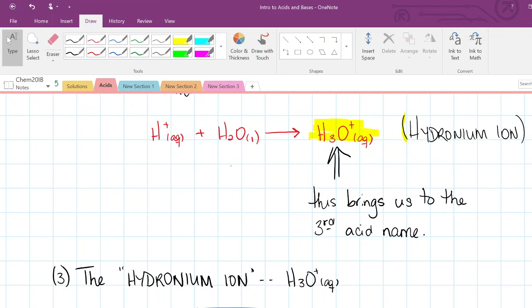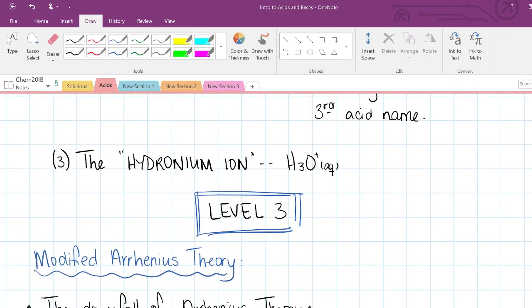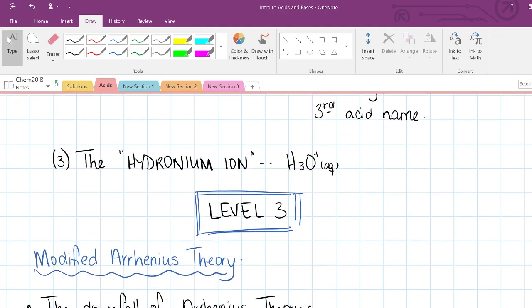And so that's the first big difference: now Arrhenius modified his definition to say that it wasn't this hydrogen ion or this proton that's giving acids their acidic properties. It was actually this hydronium ion. So from here on in, we're going to talk about the hydronium ion versus the hydrogen ion.